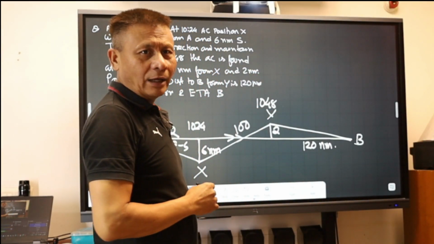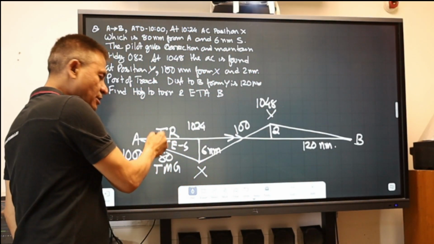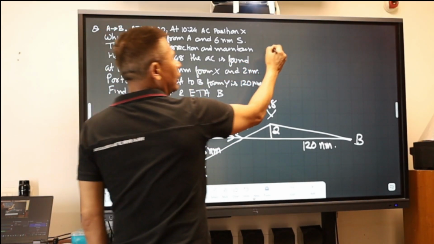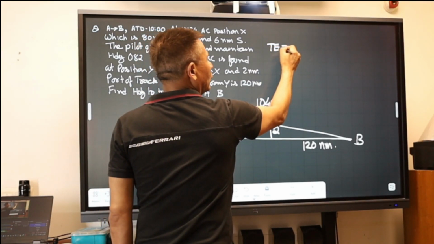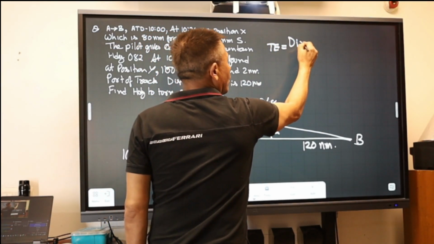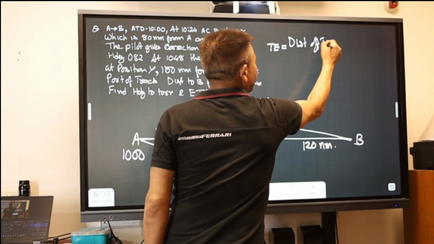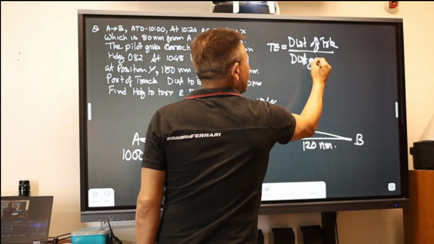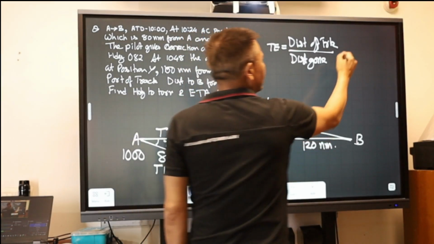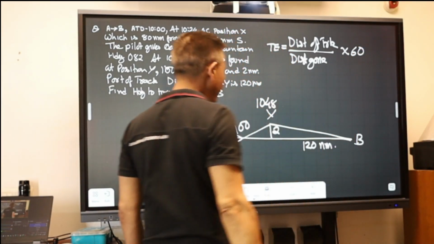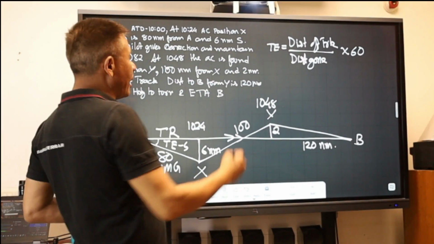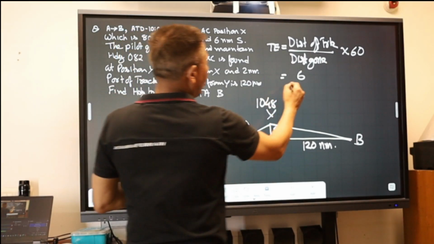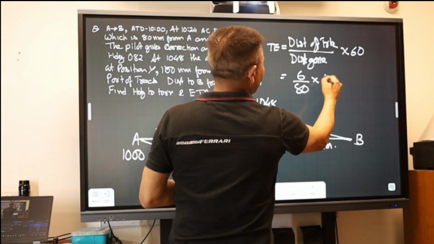Now we need to find out the track error, that is this angle. We will find out the track error by using the 1 in 60 rule. So therefore the track error is equal to distance off track upon distance gone, multiplied by 60. So the distance off track is 6 and the distance gone is 80, multiplied by 60.